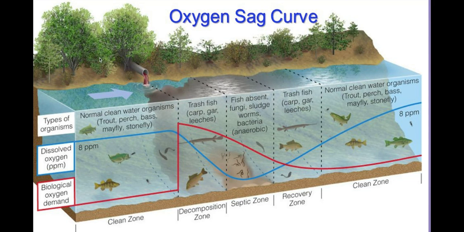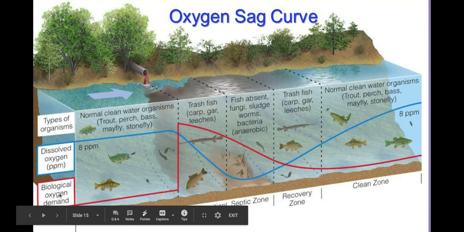So for example, that oxygen level is going to be at 8 parts per million. That dissolved oxygen is going to be high, normal. I have very specialist species over here. They are abundant, with high diversity and all that. My BOD is very low because I have a high DO.